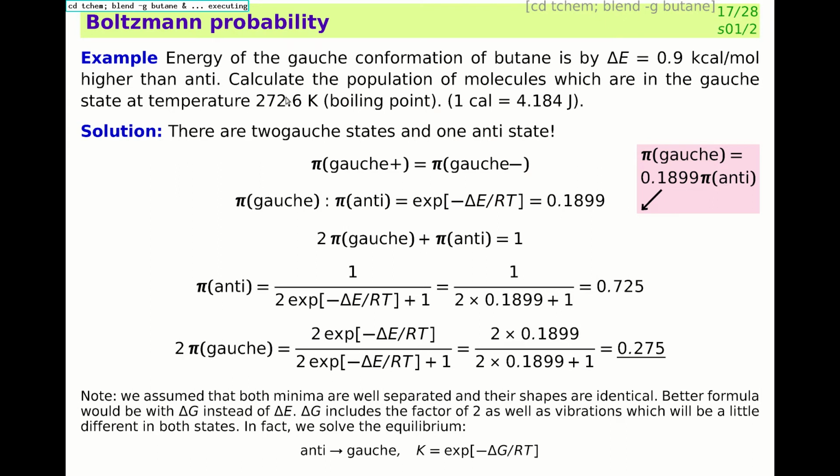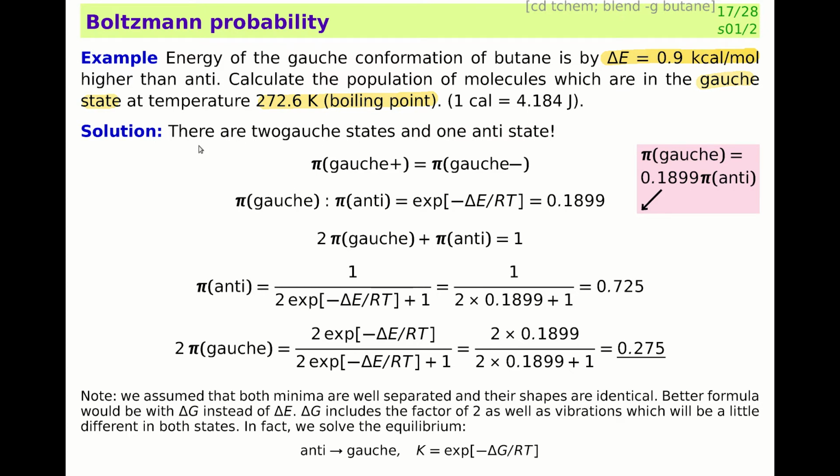My task will be to calculate the population of molecules. The population means the probability of finding, or the ratio of such molecules which are in the gauche state at the boiling point of butane, and I know the difference of energies of both states.